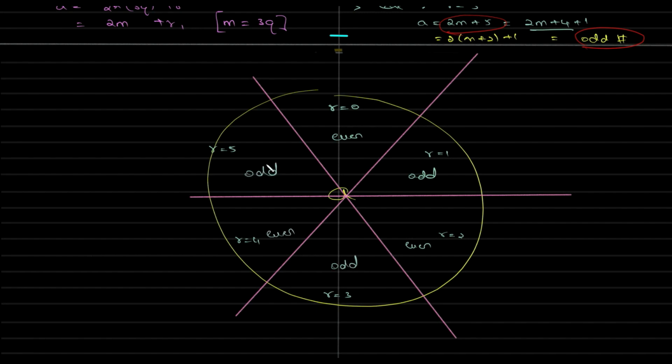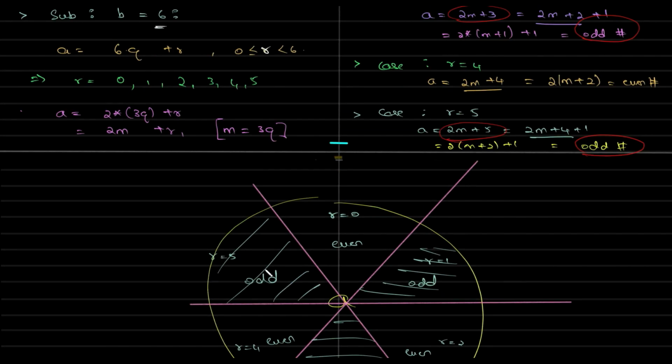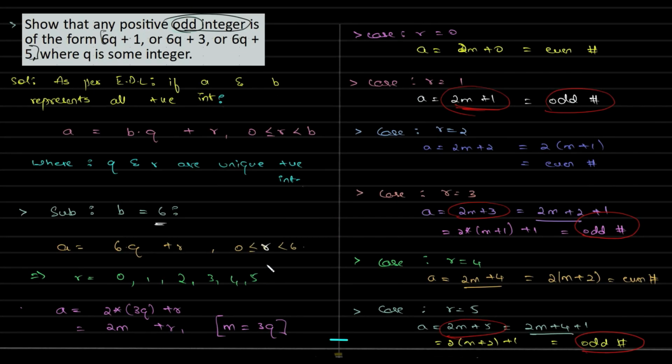This is what we showed, and all the possible odd numbers have been represented by these groups and nothing else. That was the question, and that's your answer as well, right?